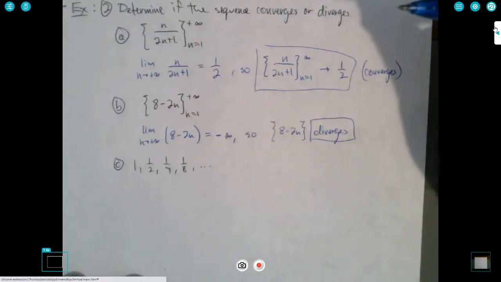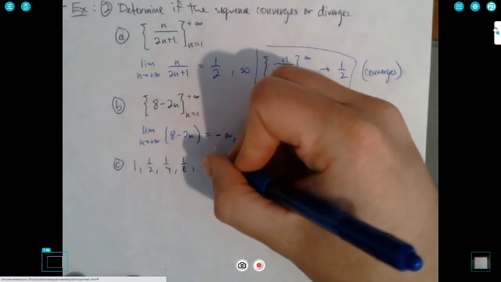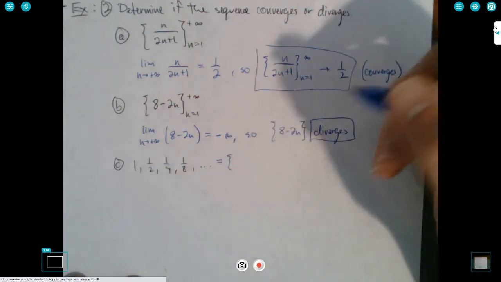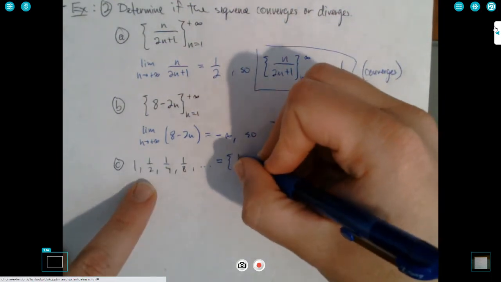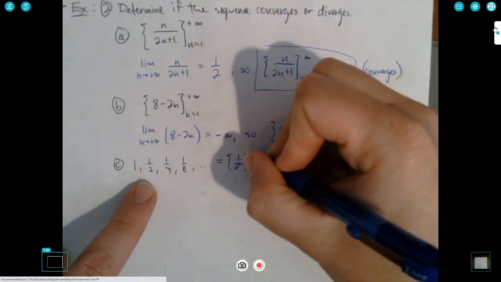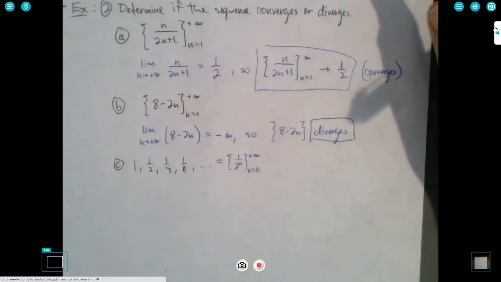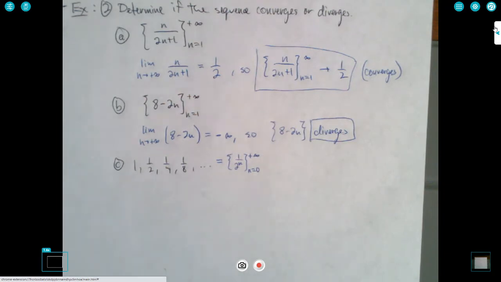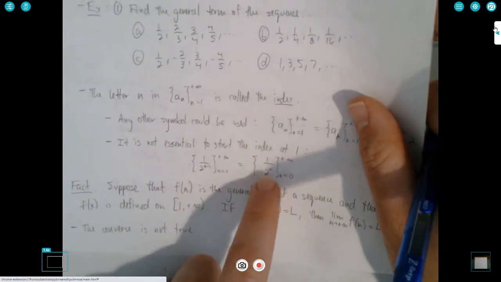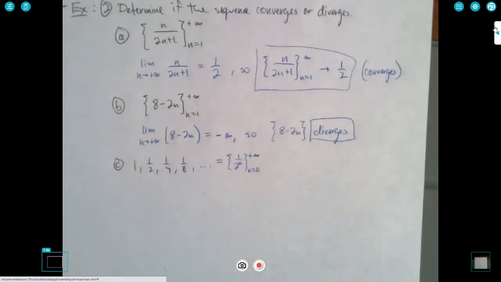First of all, we have to come up with a general formula for this. I would write this as 1 over 2 to the n from n equals 0 to positive infinity. In fact, it's this sequence that we saw earlier, and I'm going to choose to write it that way. I just think it's a little easier to think of it in that way.